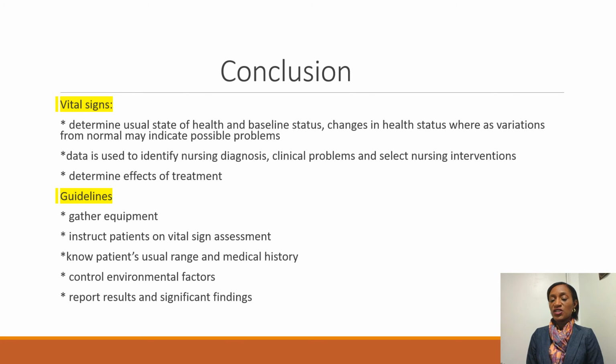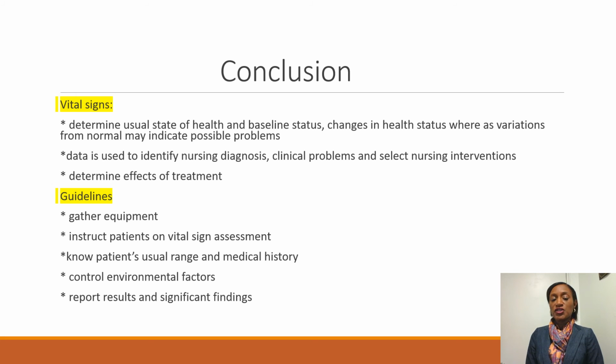You instruct the patient on what you're going to do, which vital signs you're going to take, and what's actually involved so they know what to expect. You should know the patient's usual range, so you should gather data before you go in on what their normal ranges are and some of their medical history.